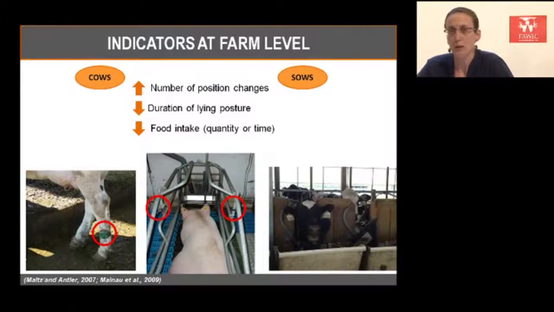And in the future, it may be necessary, or it's a possibility, to install different automatic devices in order to register these kinds of changes of activity.